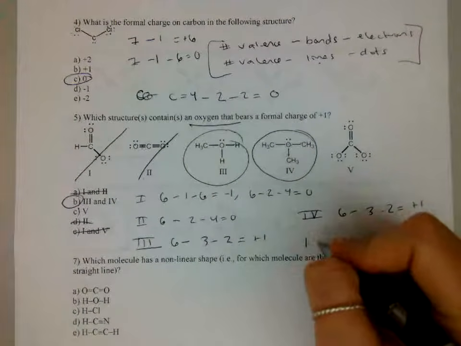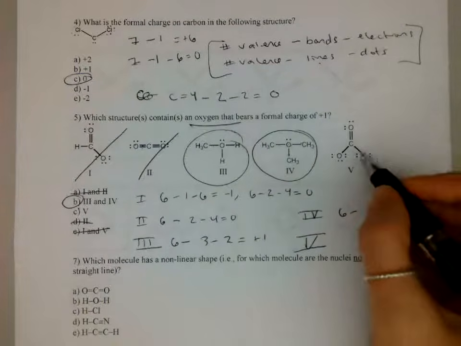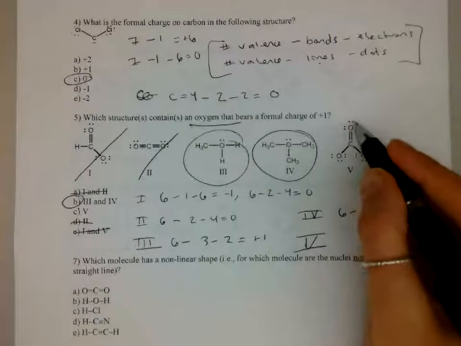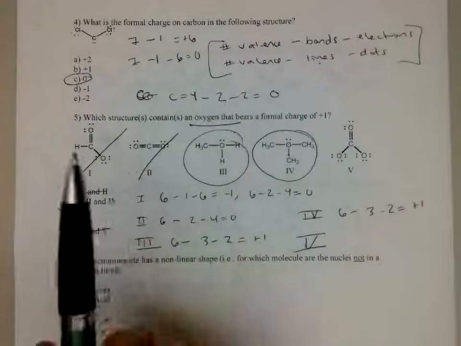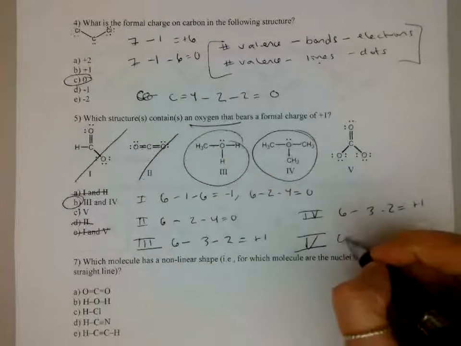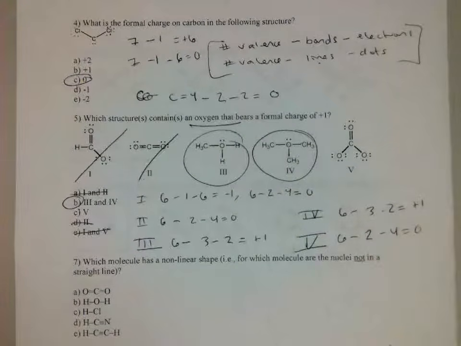Just in case, let's check structure 5. So this oxygen has 2 lines and 2 lone pairs, just like we saw in structures 2 and 1. So 6 minus 2 bonds minus 4 electrons from lone pairs is 0.